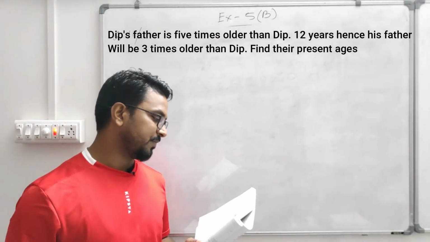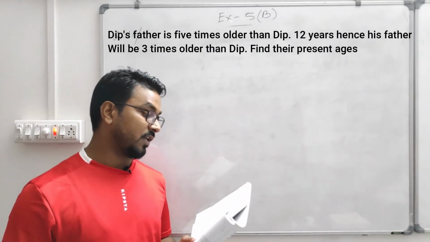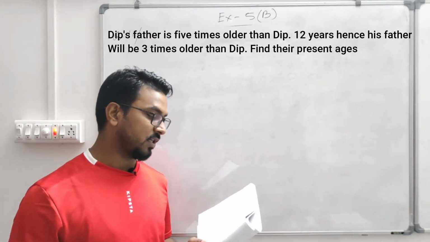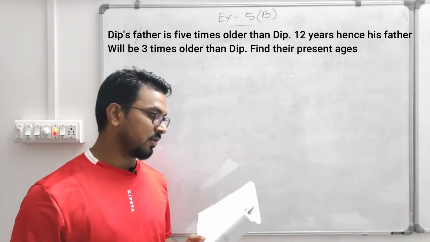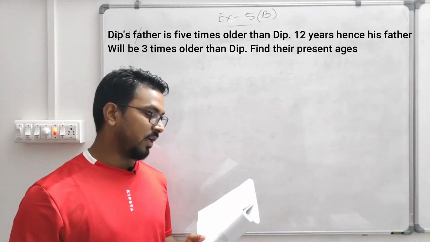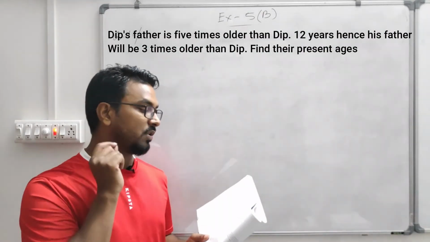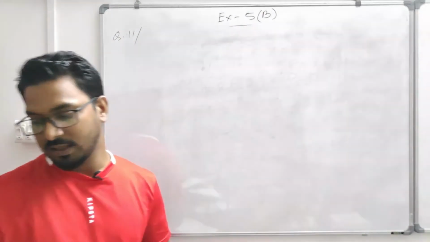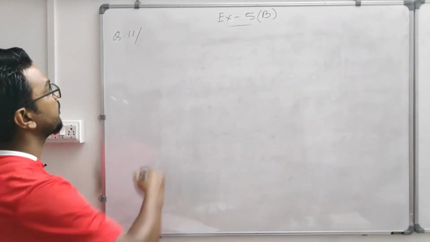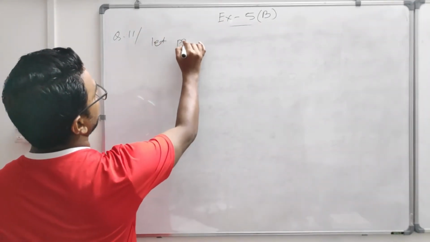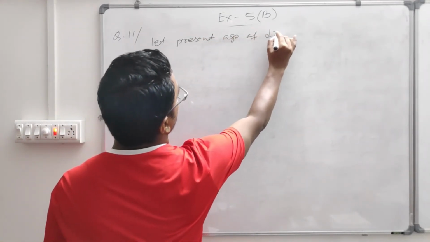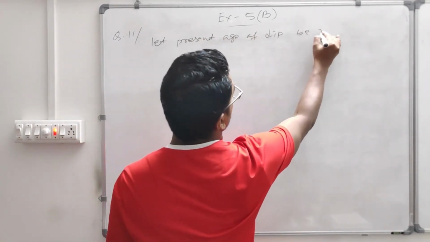Moving to the next question. It is given Deep's father is 5 times older than Deep. 12 years hence his father will be 3 times older than Deep. Find their present age. Okay. So let the present age of Deep be x.